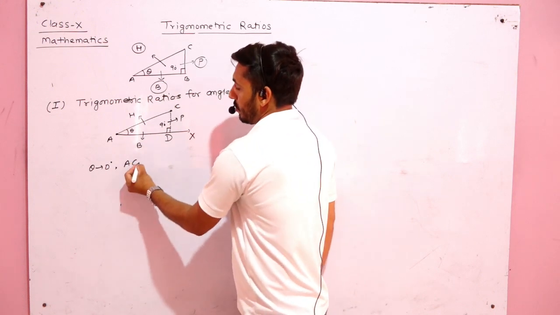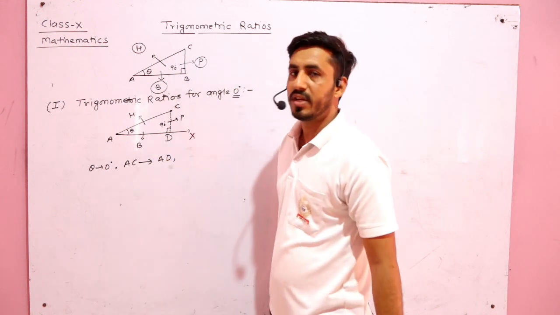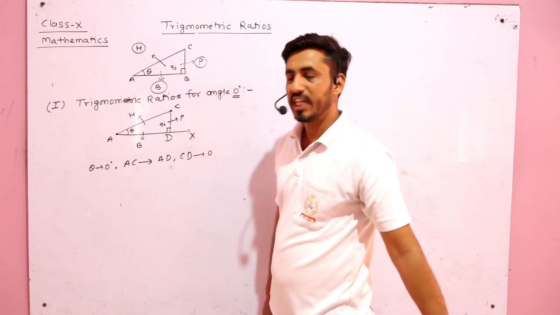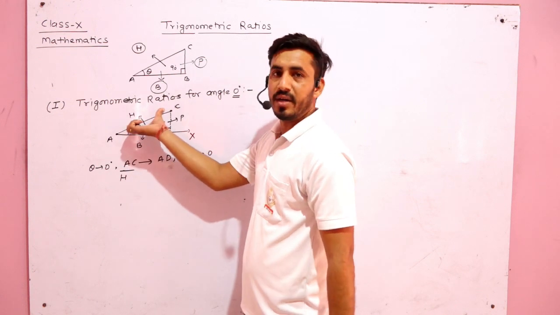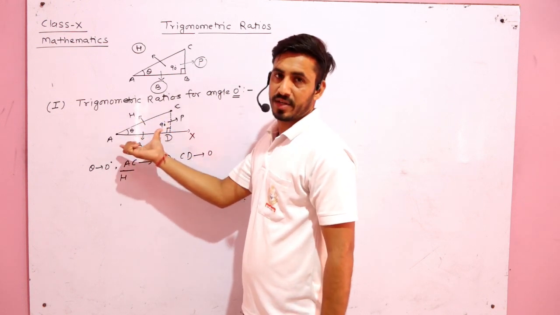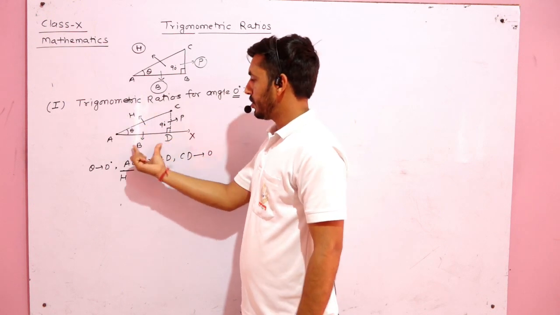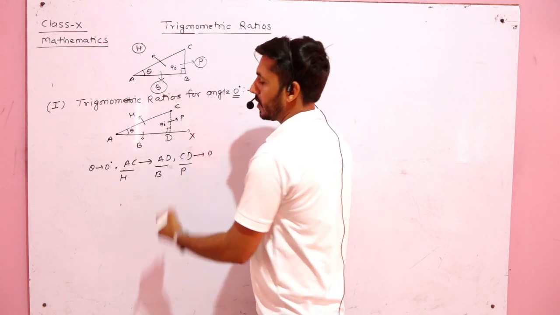Then AC will move towards AD, and in this condition CD tends to 0. This is the hypotenuse, this is the base, and this is the perpendicular.